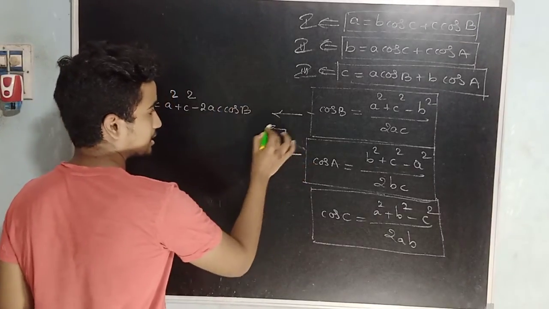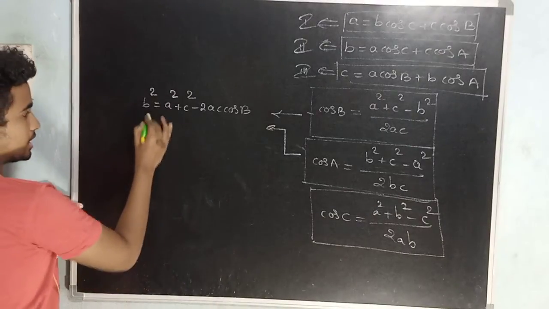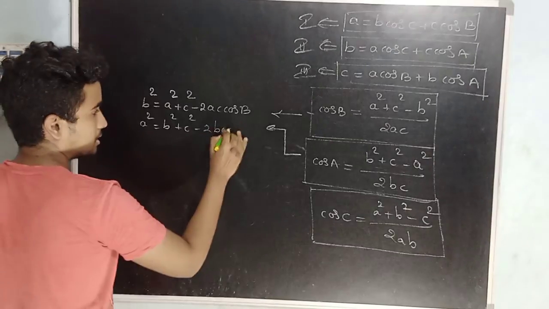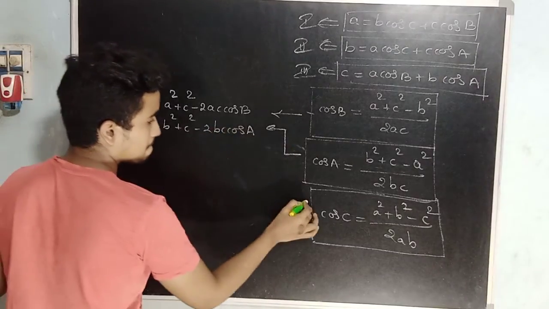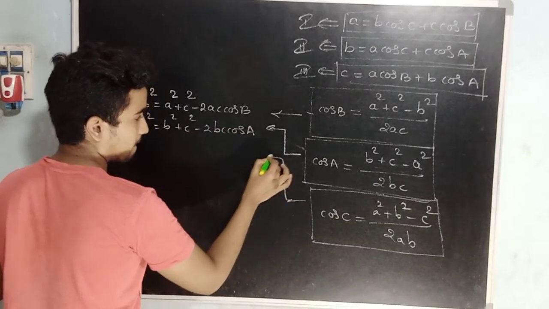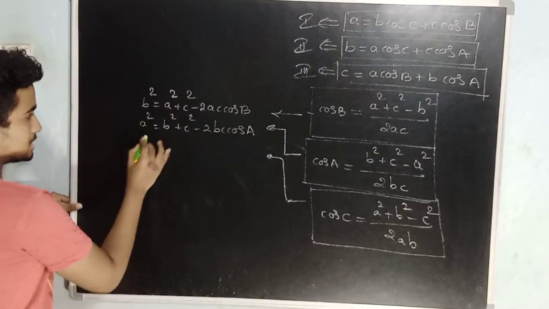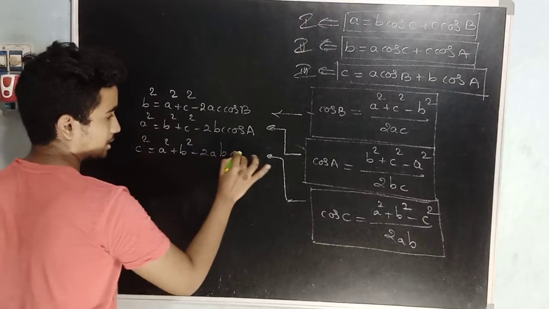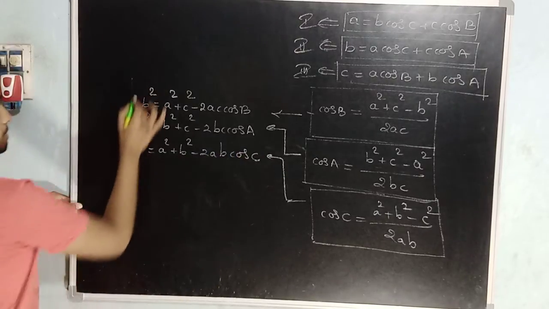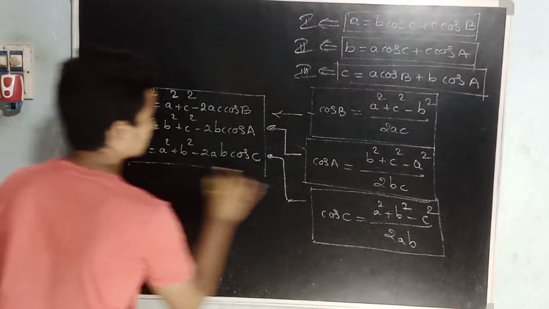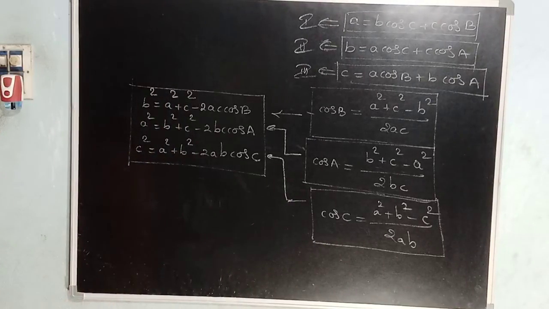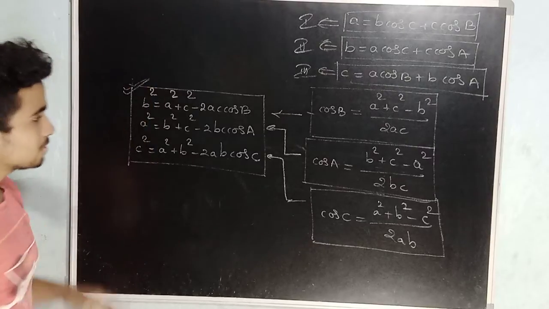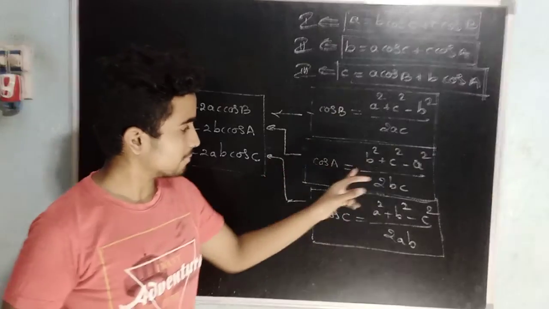And modifying this equation, I am going to get a square is equal to b square plus c square minus 2bc cos a. Okay. Next, c square is equal to a square plus b square minus 2ab cos c.